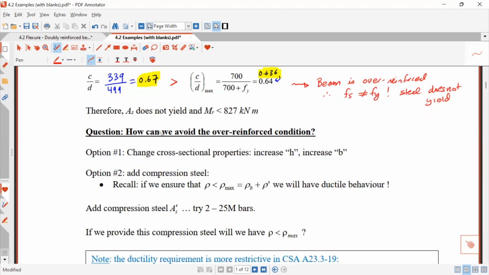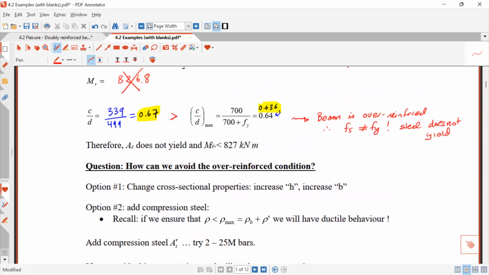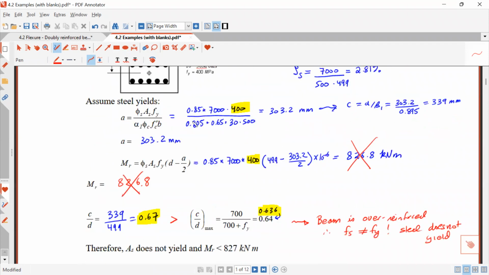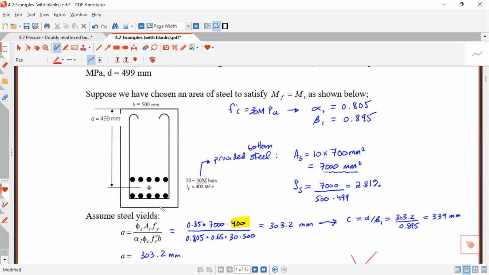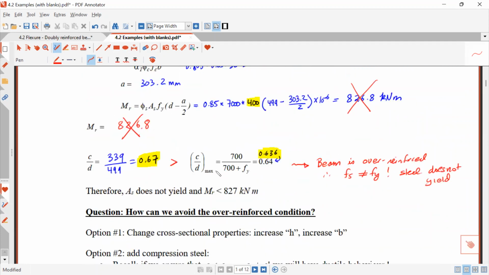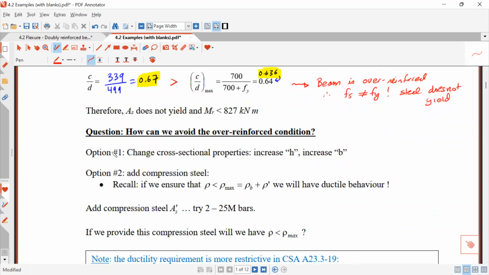Okay, so question: how can we avoid the over-reinforced condition? One option is we take this beam, instead of being 500 by whatever height it is, we change the dimensions and make it larger. In that case, it might help us get a c over d which is less than the c over d max.